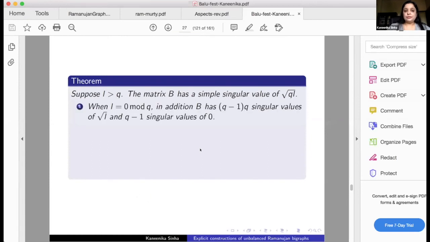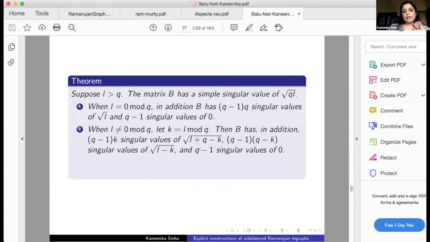Here we have to divide the study into two smaller cases, either when L is 0 mod Q or when L is not equal to 0 mod Q. There are different singular values that show up in these cases. However, all of them end up satisfying the Ramanujan condition. So this is also another very explicit example of an unbalanced Ramanujan bigraph.